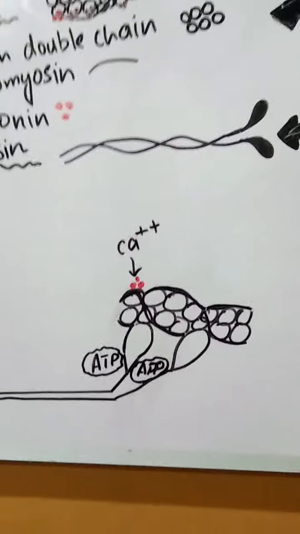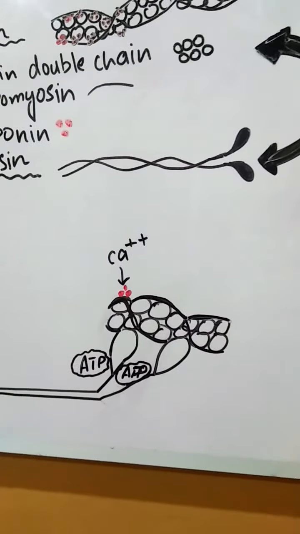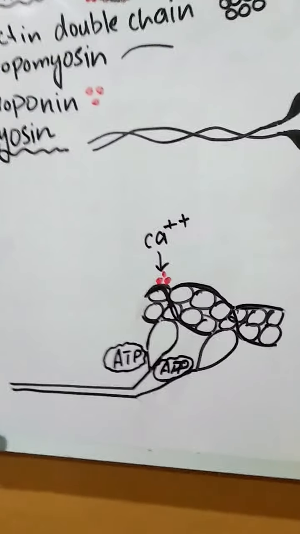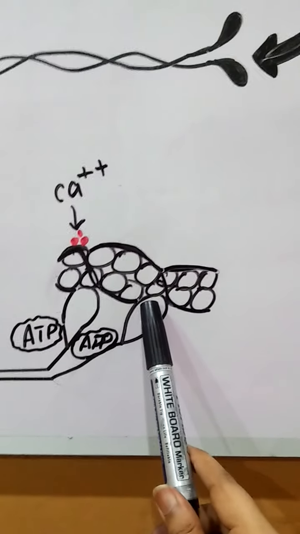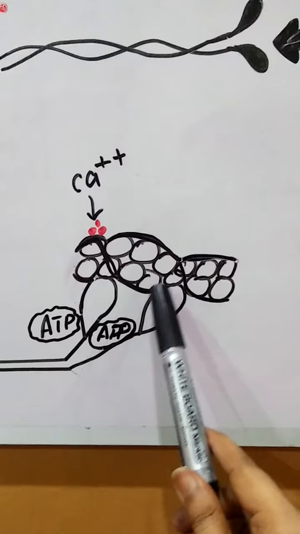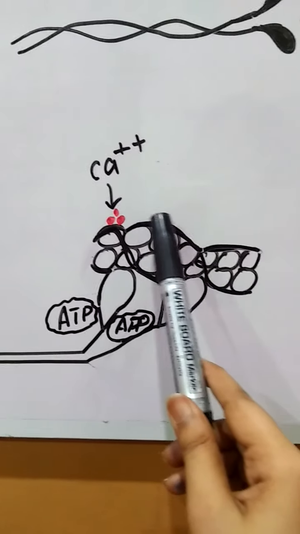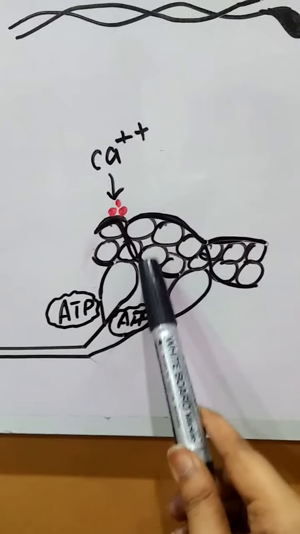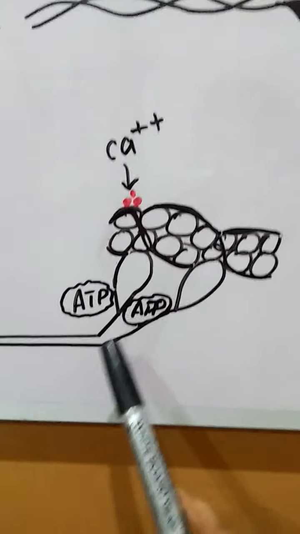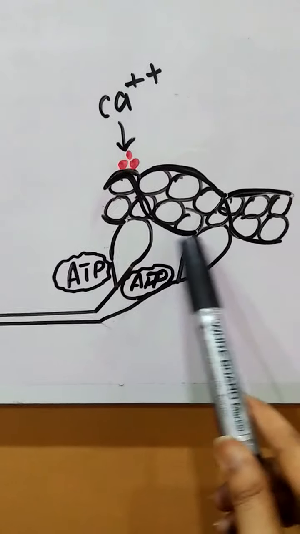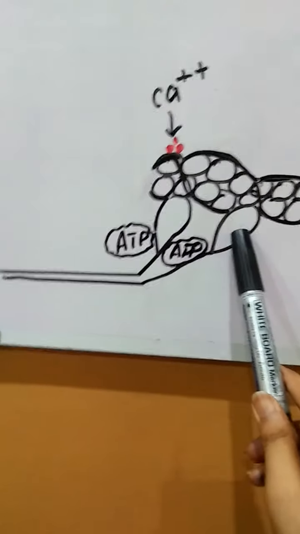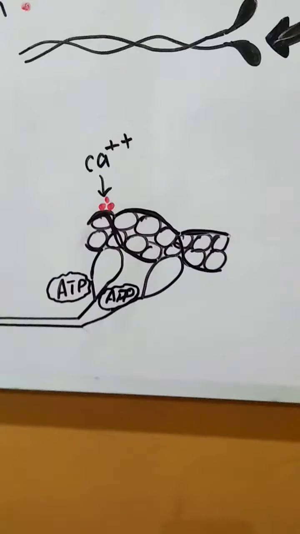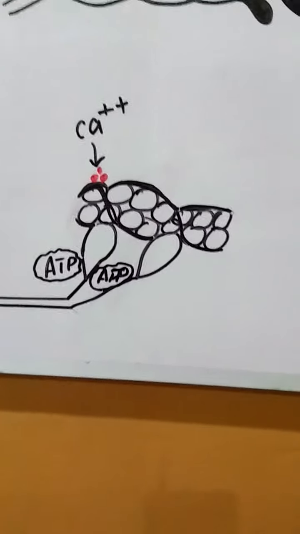And when troponin binds with tropomyosin, what will happen? The calcium binding sites of actin protein, as you can see this black thread, will be displaced from the regions which will bind with these myosin heads. These are the cross bridges, or the globular heads of the myosin molecule.